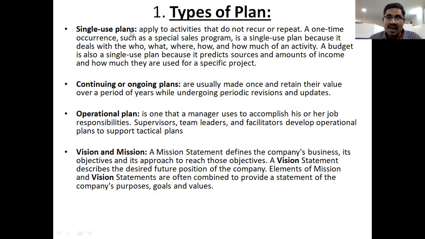Suppose in our personal life, education, BTech, is a single use plan. After completion of BTech, we don't join BTech again, am I right?